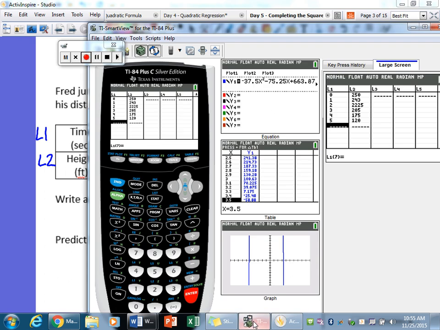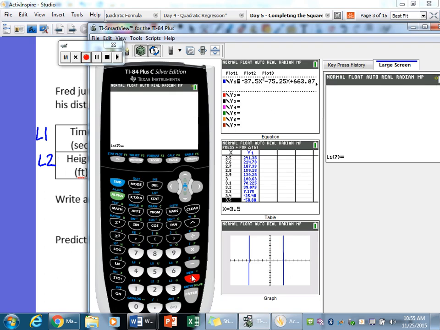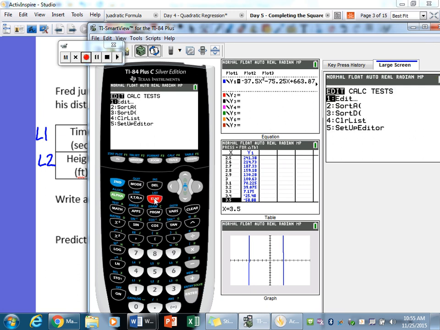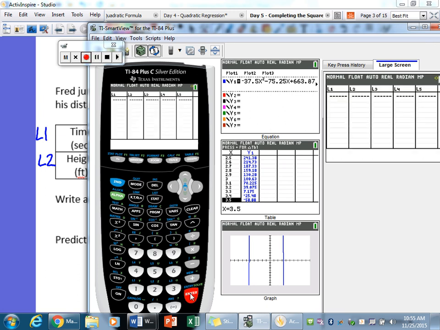Alright, here's our calculator. Second plus 4, enter. That clears all the lists. Stat, enter. Now I enter in my list. My L1 goes from 0 to 5, so 0. And now I'm going to do my next one, my L2, 250.